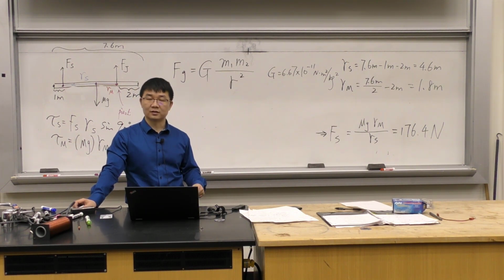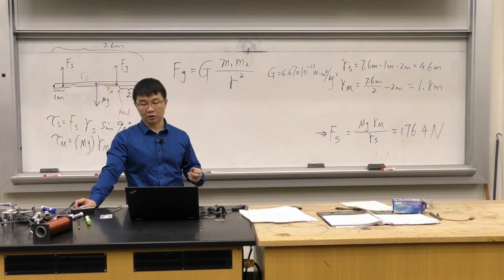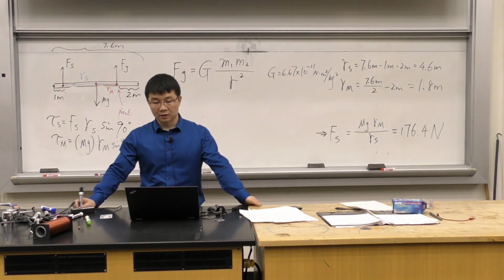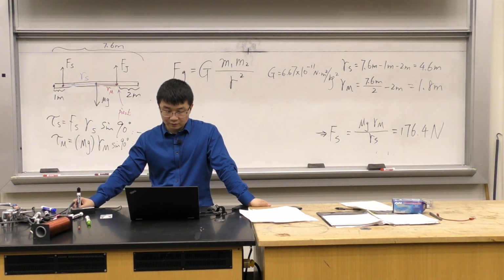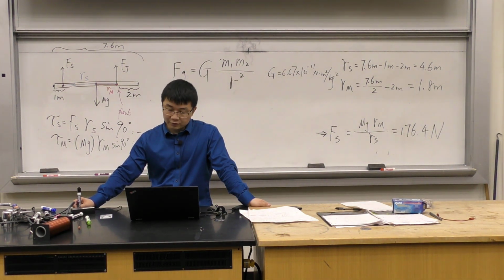Well, we can calculate this force and see how weak this force is. And then we know why we don't feel this force. So let's use some typical numbers. Slide 5. Let's say I want to calculate the force between two people with the same mass, 50 kilograms. This is a typical number.